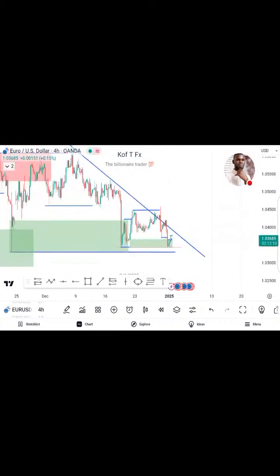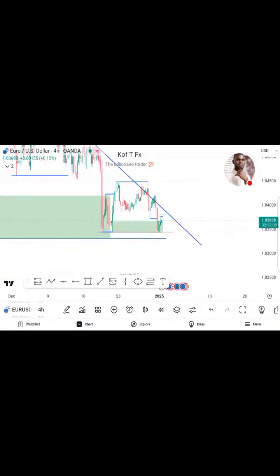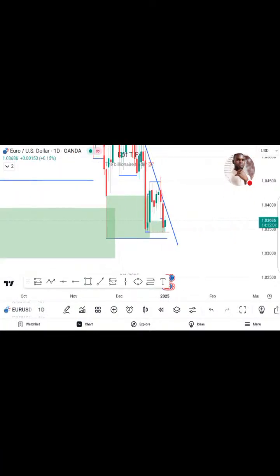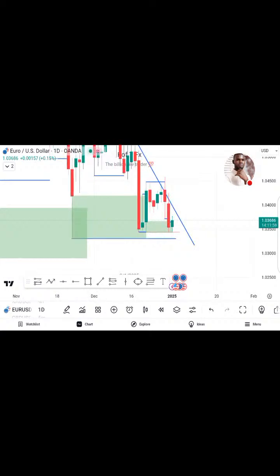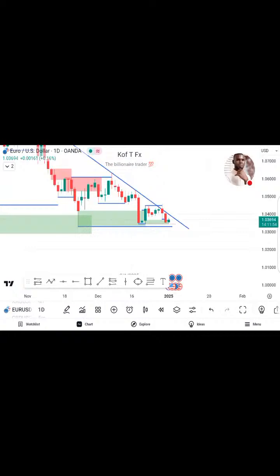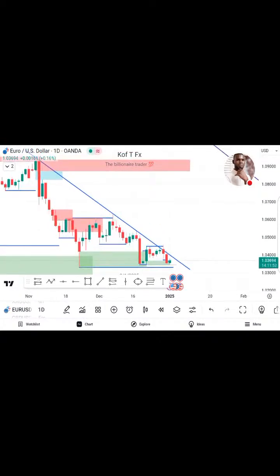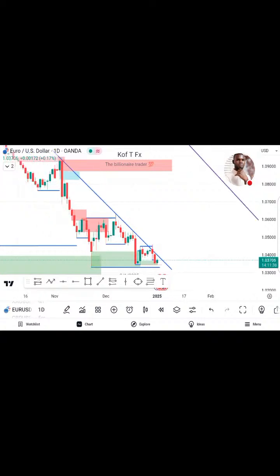So we already have a double bottom here on daily time frame, as you can see. So if there should be a break of this particular daily time frame trend line, with a closure above that break, then we'll be expecting more rally from this particular pair.